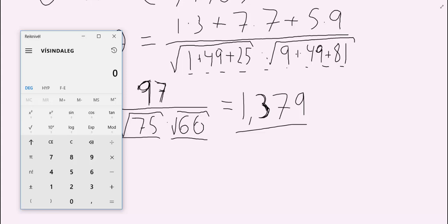How do I get the arc cosine? Cosine of 0 is 1, obviously.